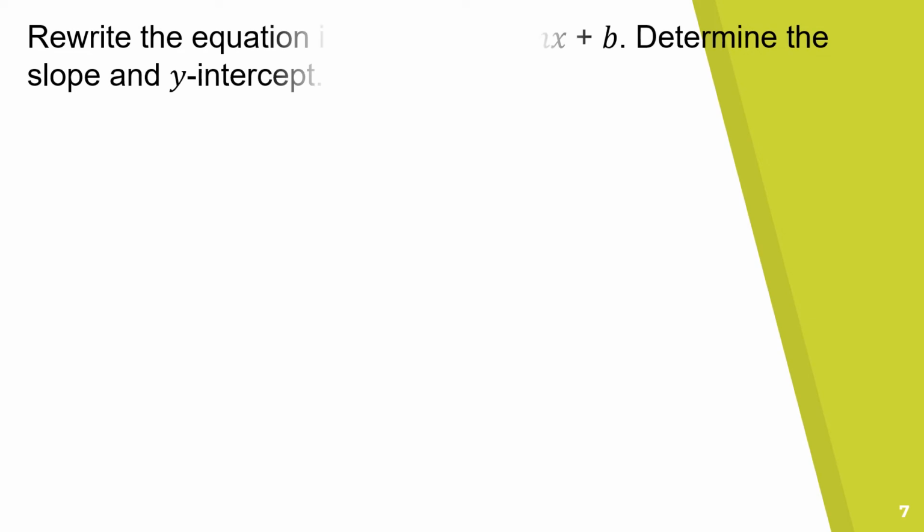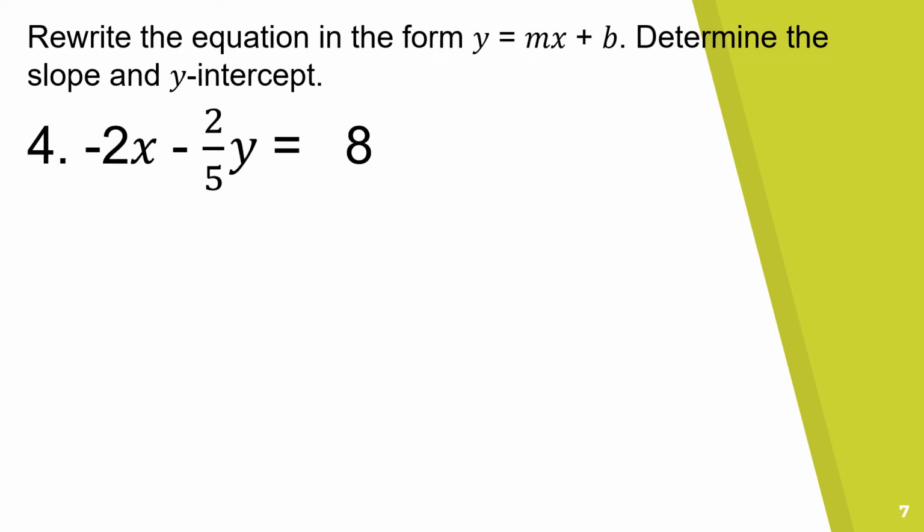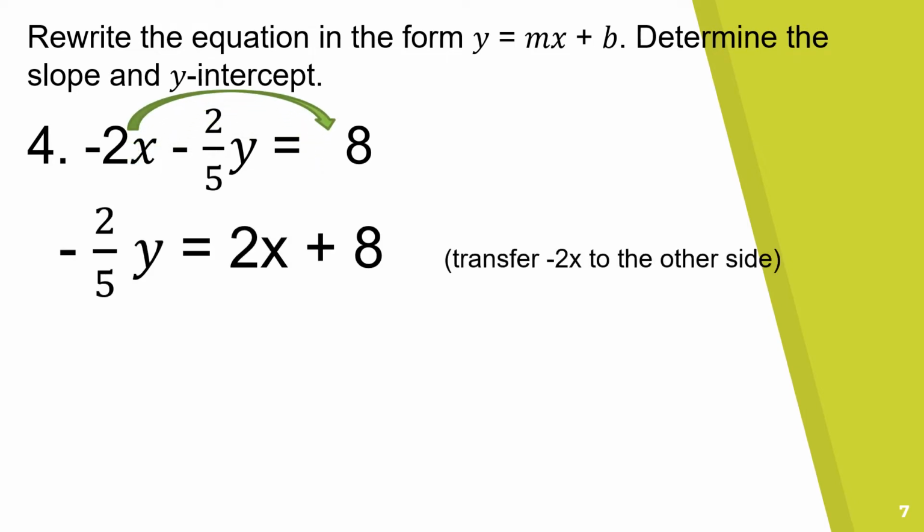Done with this, negative 2x minus 2 over 5y equals 8. So transfer negative 2x to the other side, so it becomes negative 2 over 5y equals 2x plus 8. Okay, di ba our goal is dapat maging y na lang sa left side. So what are we going to do?